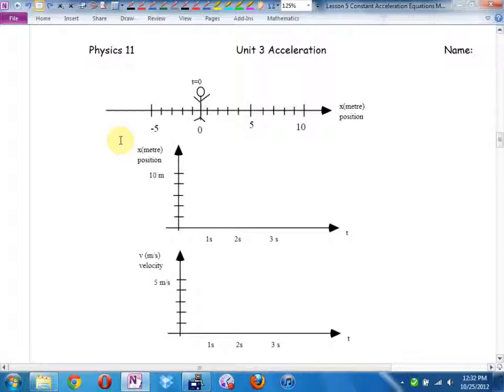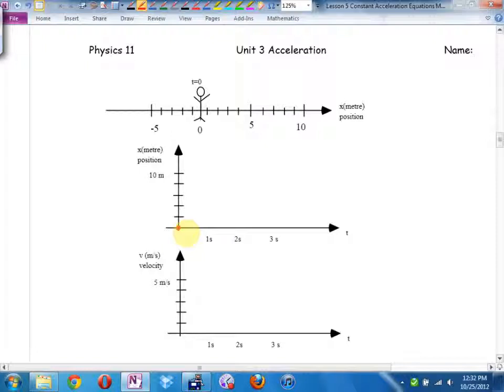So here's a graph. This first graph, we're graphing position versus time. What's each hash mark worth? We're going up by 2s on the y-axis, and on the x-axis we're going up by 1s. We started out at 0, 0.